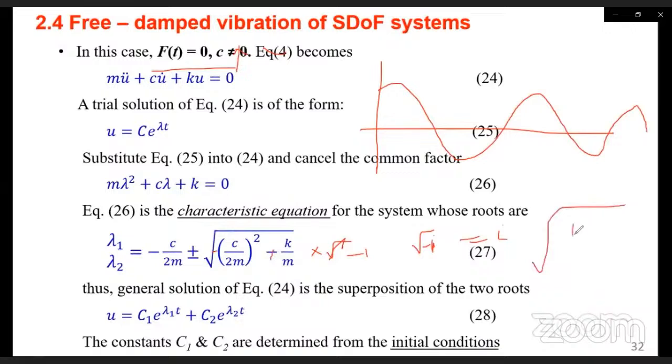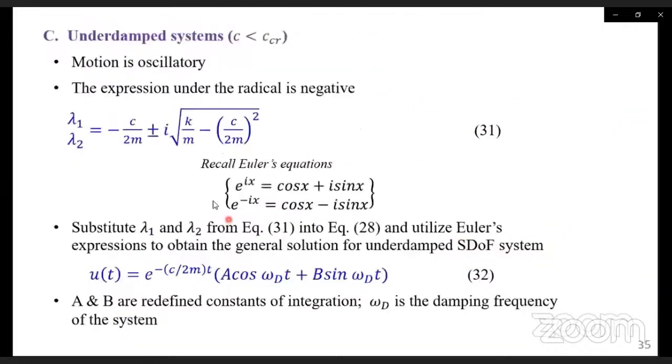So you have K over M minus C over 2M squared. And then we are going to introduce the i because we have obtained the square root of -1. I was doing that here so that when we come to the expression, you are not surprised why our equation has gotten an i here and why this one has interchanged.